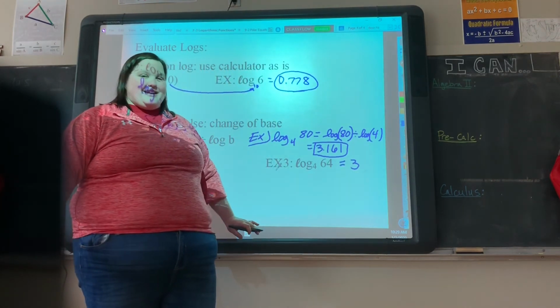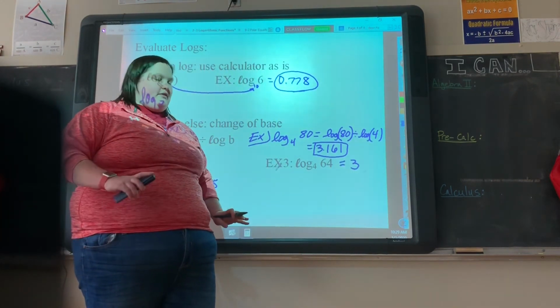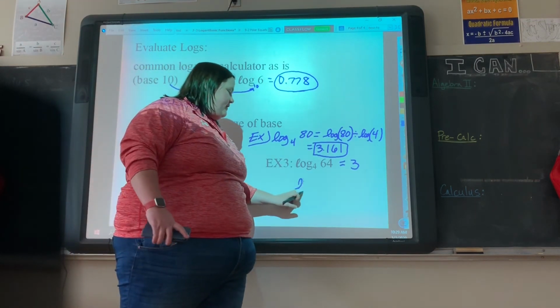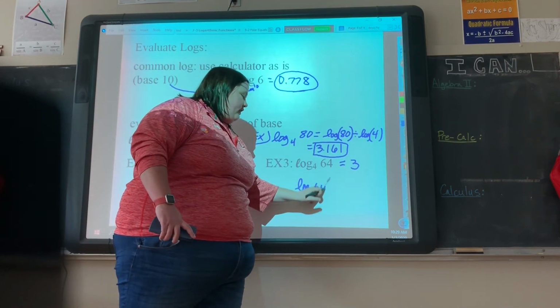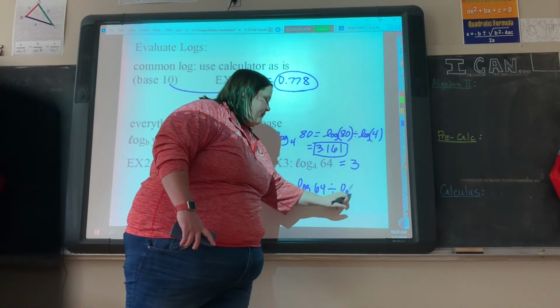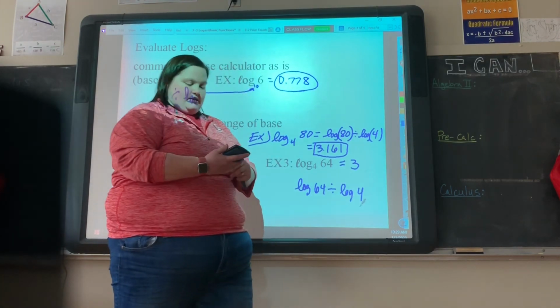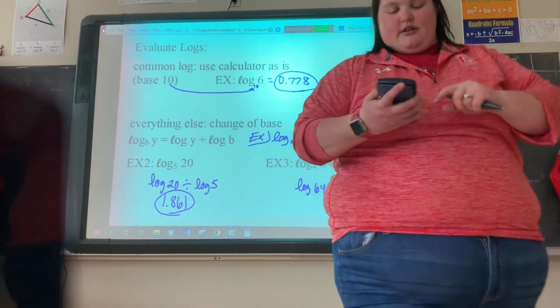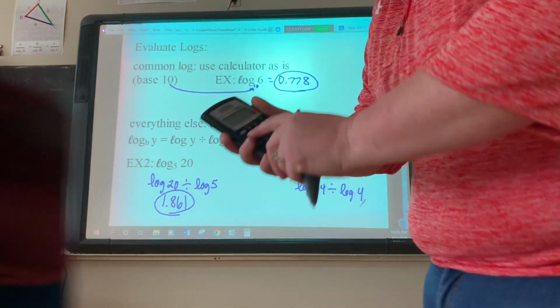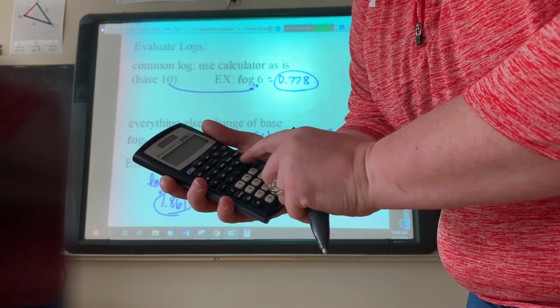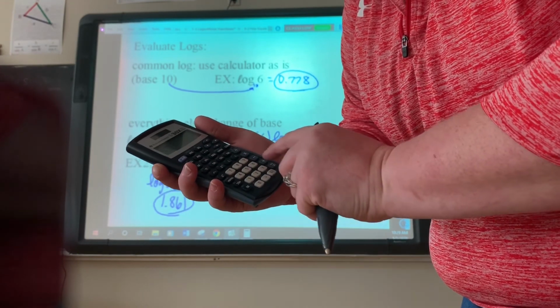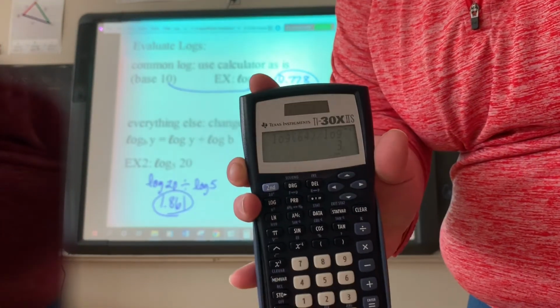Sometimes you won't necessarily need to use your calculator, but if you're not quite good with exponents, you can still type it the same way. Do log of 64 divided by log of 4. I'll do this on the blue calculator to show you. So I do log of 64 divided by log of 4, and there's my 3.